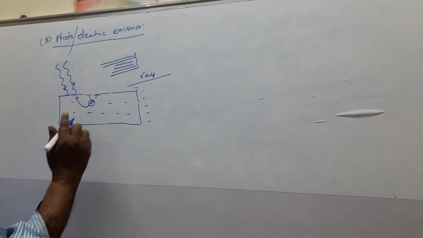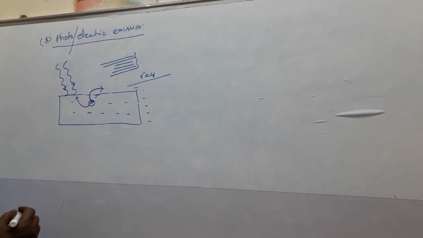Whenever the electromagnetic radiation hits the surface of the metal, the electron gains energy from the electromagnetic radiation with a suitable frequency, and then it will come outside. That emission is called photoelectric emission.